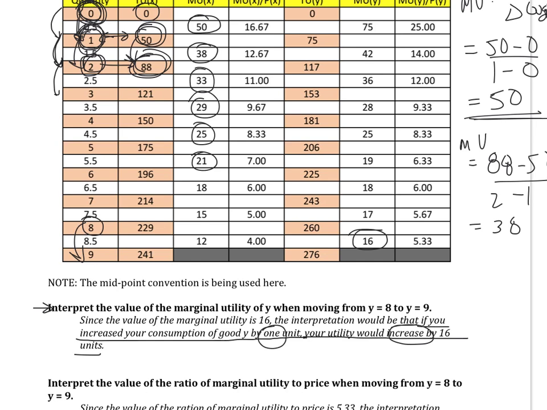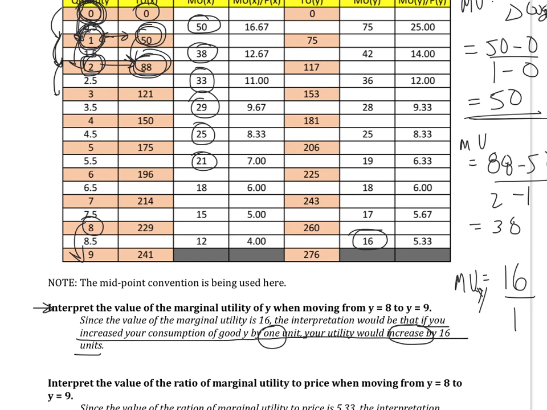So when interpreting these values, whenever you're talking about a marginal, any sort of marginal, you have to talk about adding one more thing and how that changes something else. So the marginal utility of Y was 16.